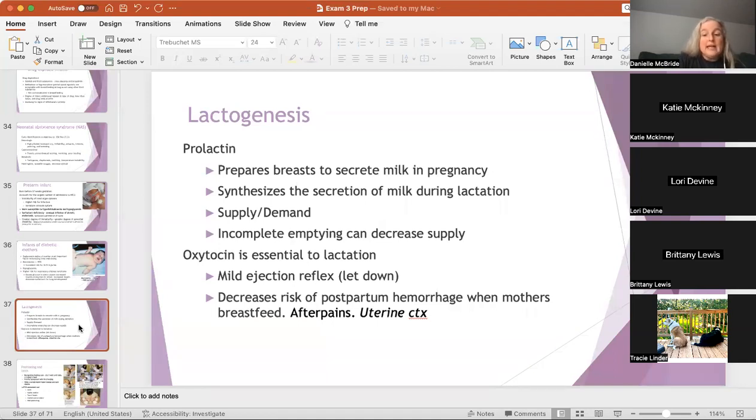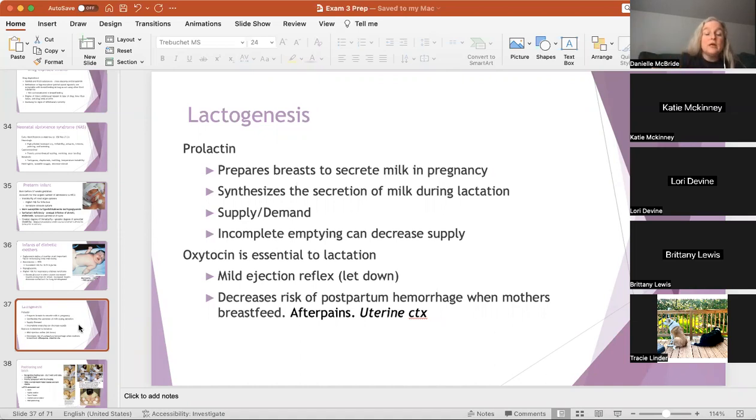Okay, breastfeeding. For breastfeeding, we are going to be thinking first about the hormones that help with breastfeeding. What are the two hormones? Prolactin and oxytocin.